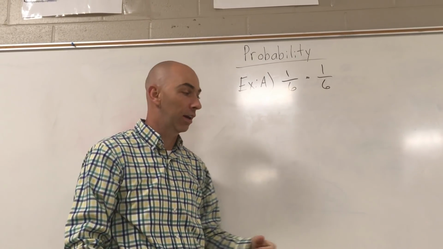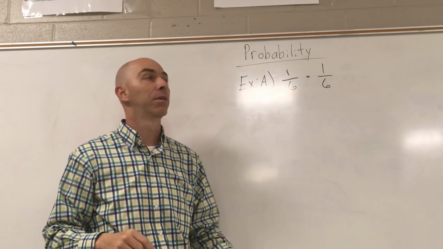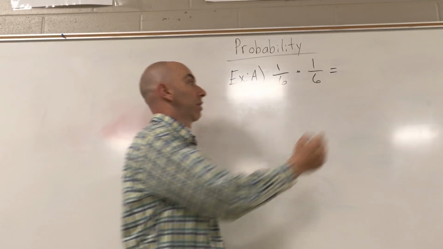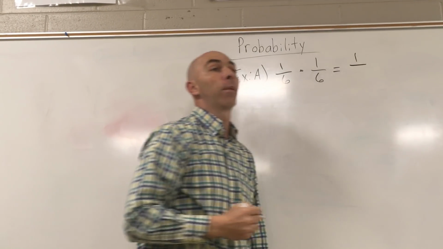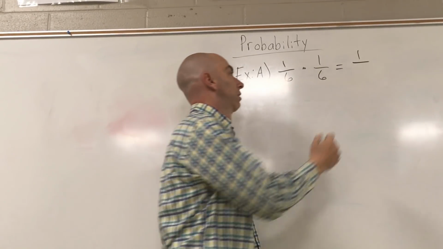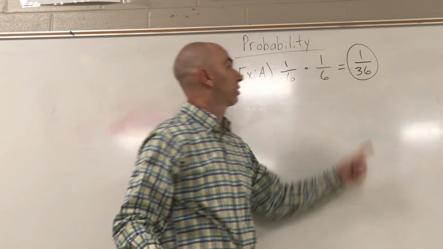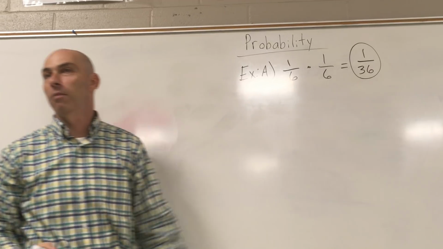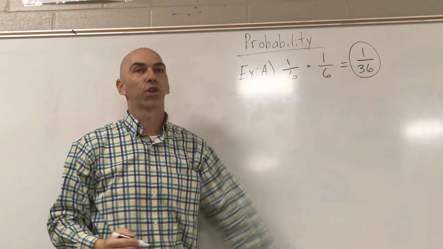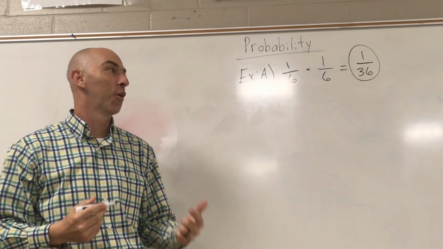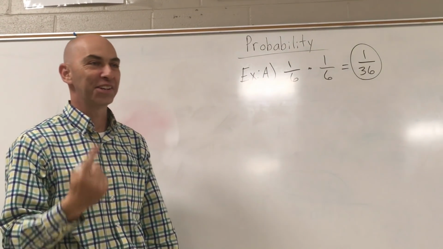Me getting a 2 and a 2 at the same exact time, multiplying the two fractions. 1/6 times 1/6 is what? No, multiplying. 1 over 36. So that's a pretty good circle there. Make sure you got that on video. 1 over 36 is the odds, or the probability, of you rolling a 2 and a 2.